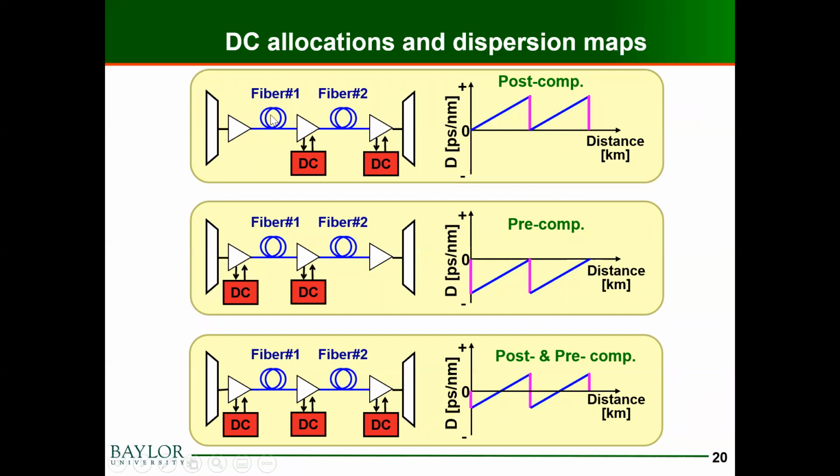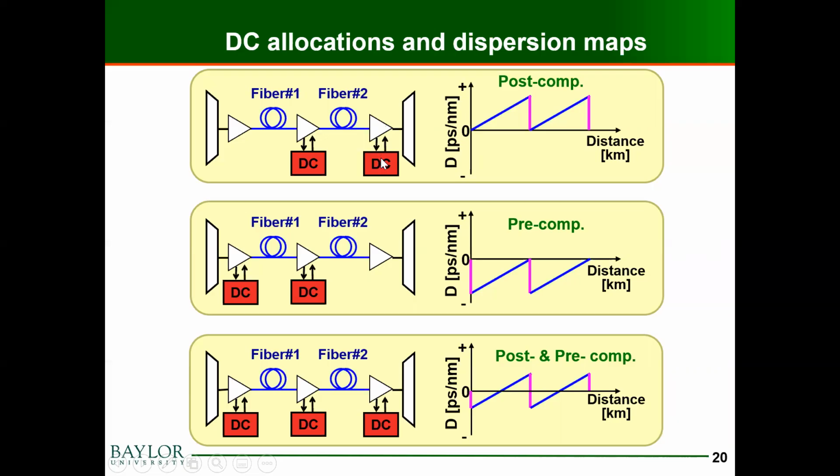And again, this fiber is usually laid on the ground. This is between Dallas and Waco, right? For example, this will be Dallas, this will be Hillsborough, and in between we have the fiber, and then reach the end.